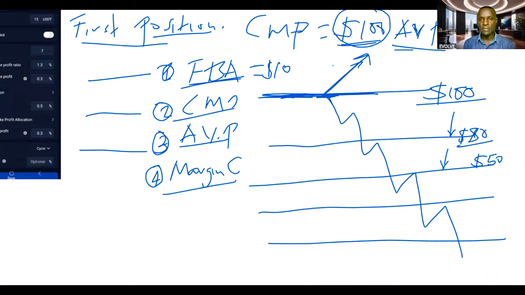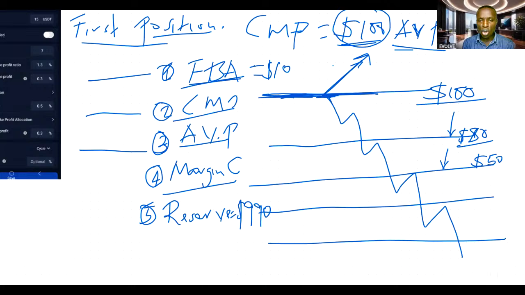Are we together now? So when the market goes against them, they still have reserve. Are you seeing that? They still have $990 in reserve.